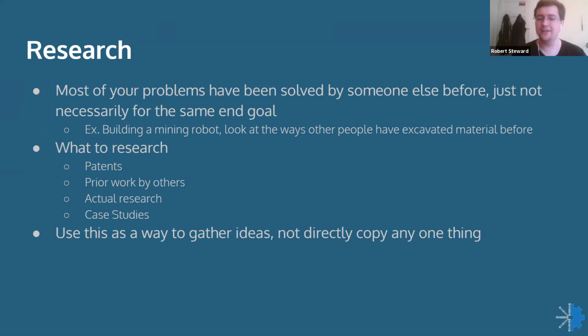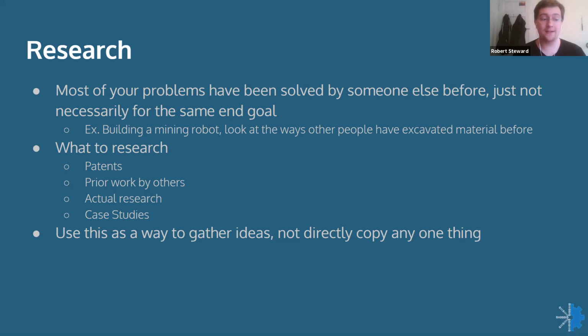And ideally, you're really using these to gather ideas. You're not plagiarizing. That's not the goal of designing a project. But as you're doing this research, you're trying to look for things that can help solve your problem.